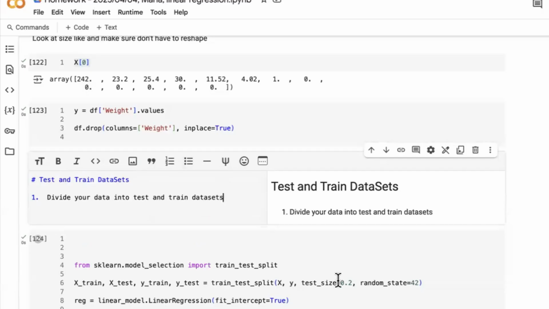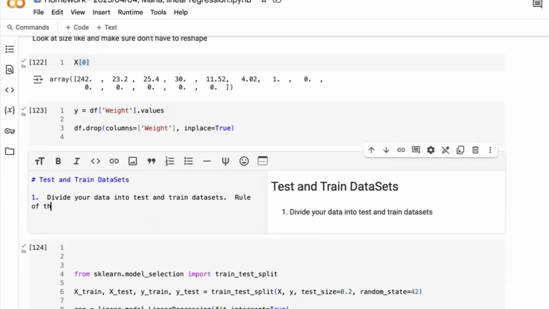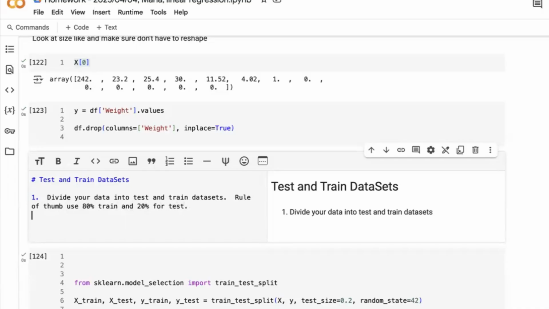Now here I use 20% for the test size. So just rule of thumb, use 80% for training data, and 20% for test. Now, we can do that, but we don't have much data, do we? We've only got 159 rows. If you got 5,000, it's easier.